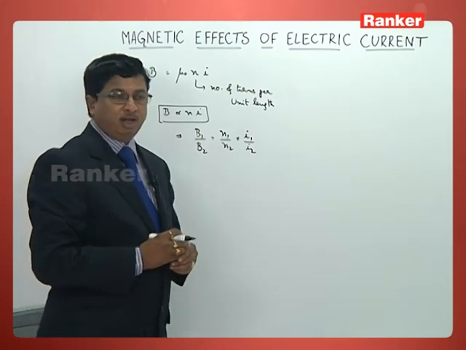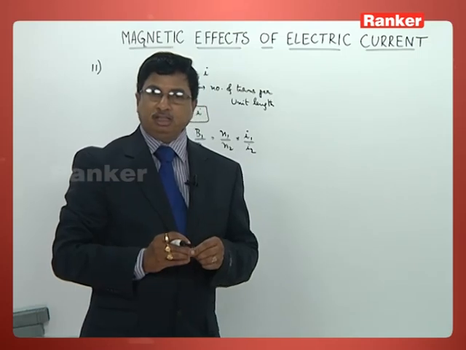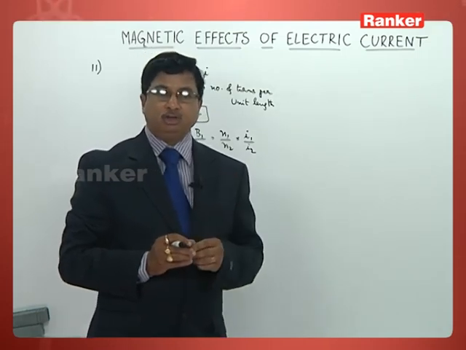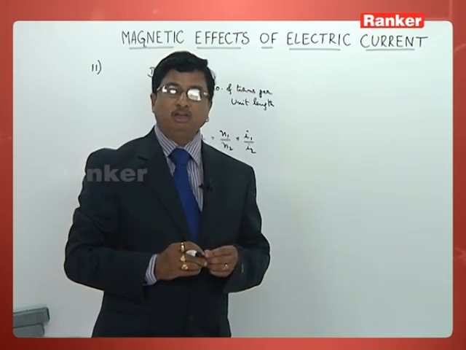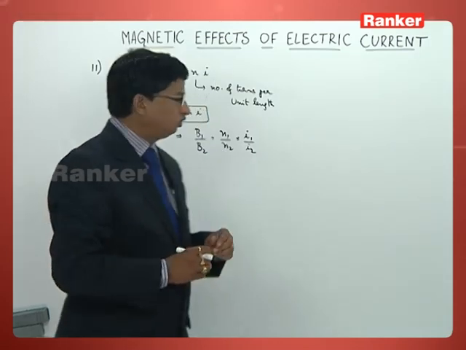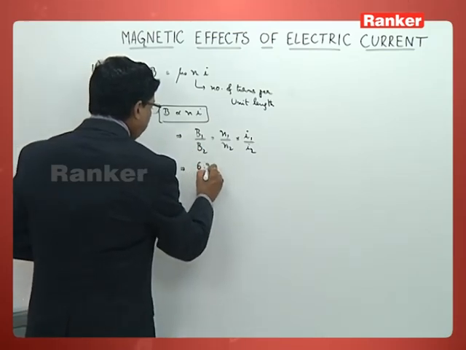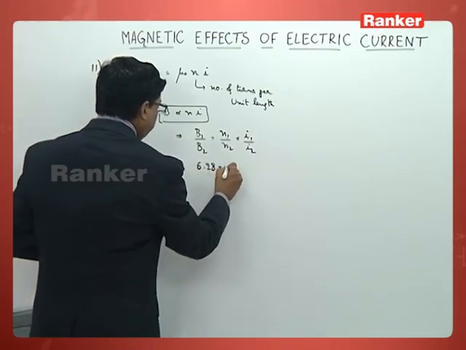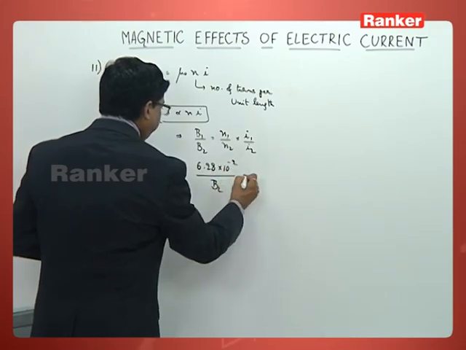Now what are the values he is giving us? Look at the magnetic field inside the first solenoid, that has been mentioned as 6.28 × 10^-2. So let us write in place of B1 that value 6.28 × 10^-2. I in fact require the value of B2.